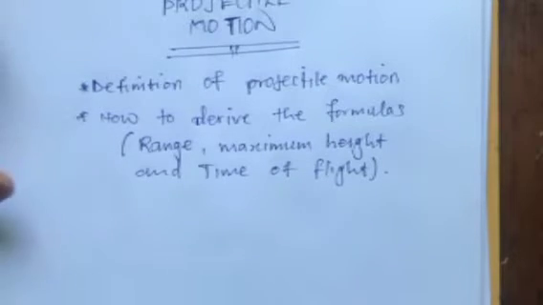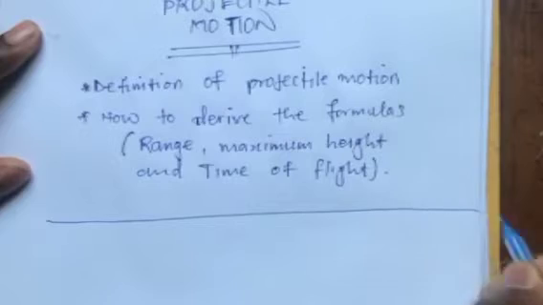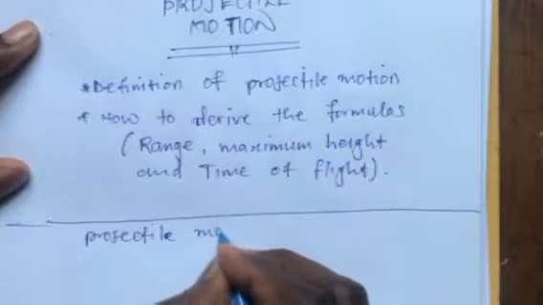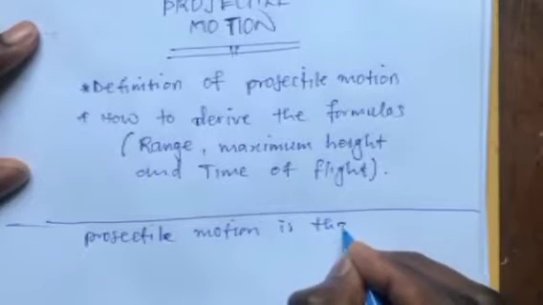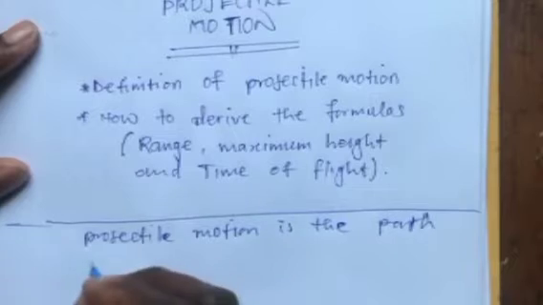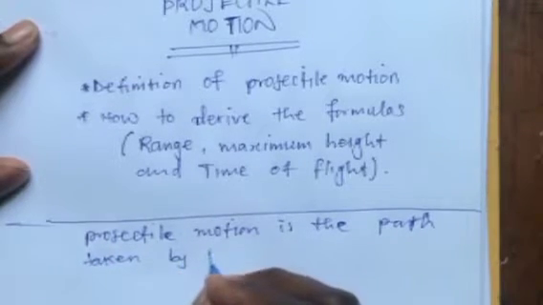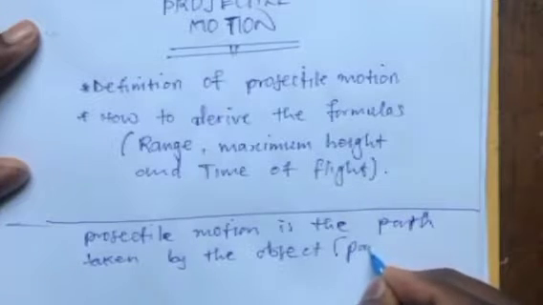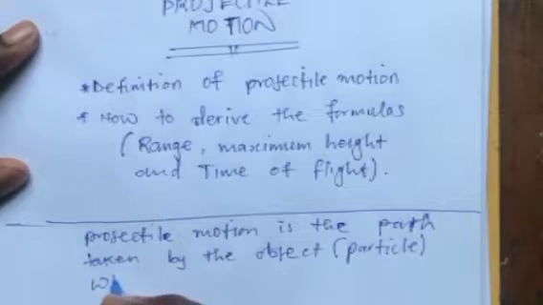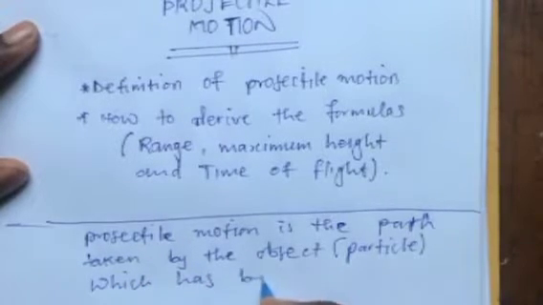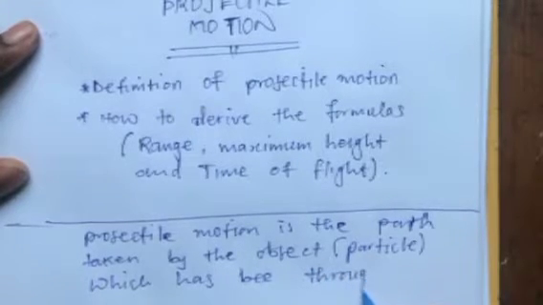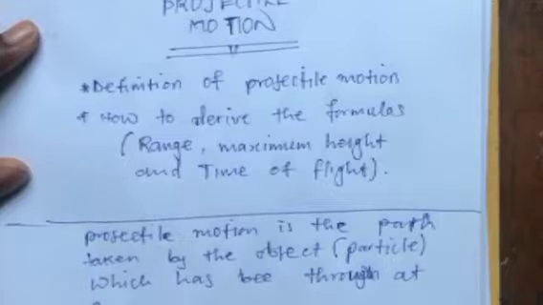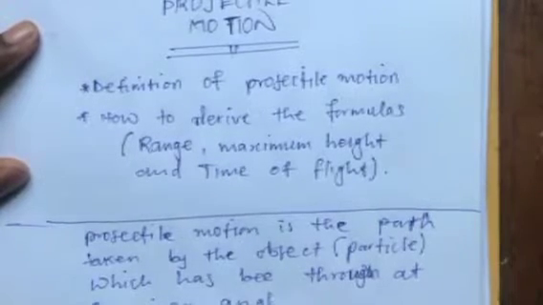So the definition for projectile: projectile motion is the path taken by the object (inside the brackets I'll say particle) which has been thrown at a given angle.